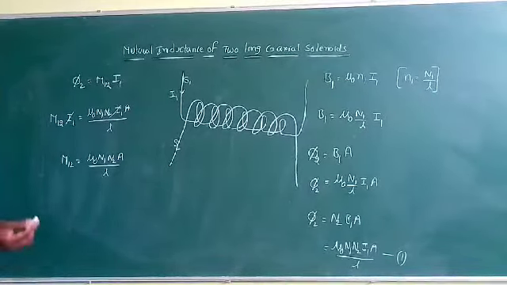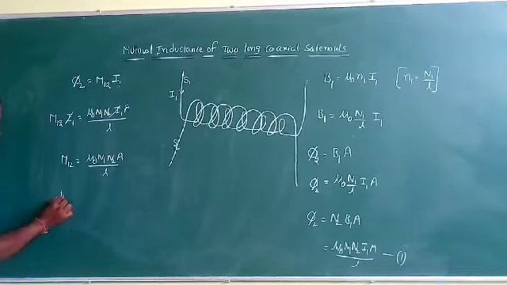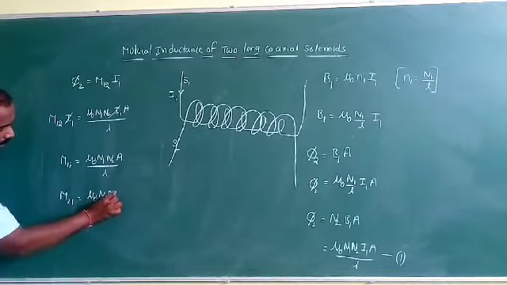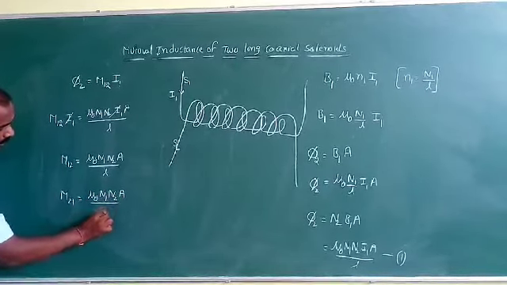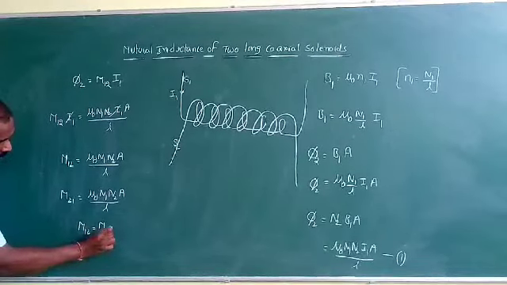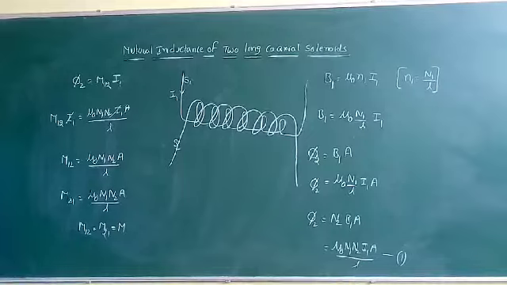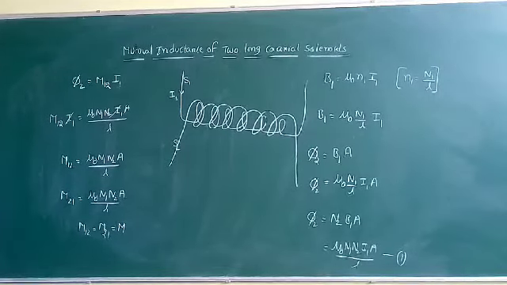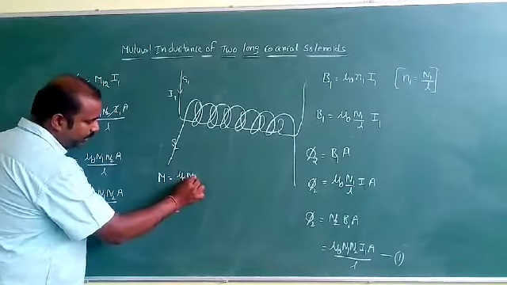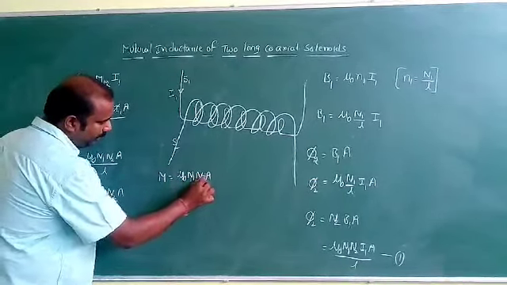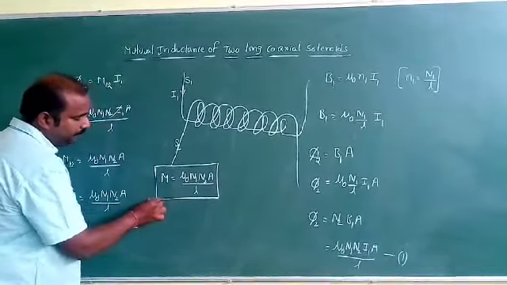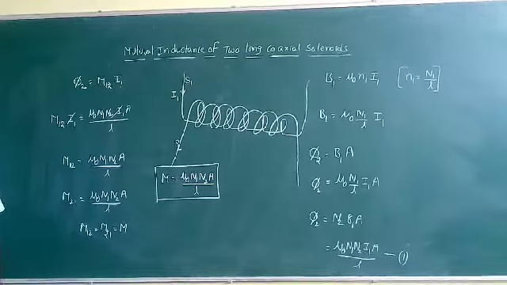Similarly, if the current is passing through the second solenoid, you will get M21 is equal to mu naught N1 N2 A by L. Finally, M12 and M21 are both the same, and that is the mutual inductance M. So M is equal to mu naught N1 N2 A by L, and this is the mutual inductance of the two solenoids.